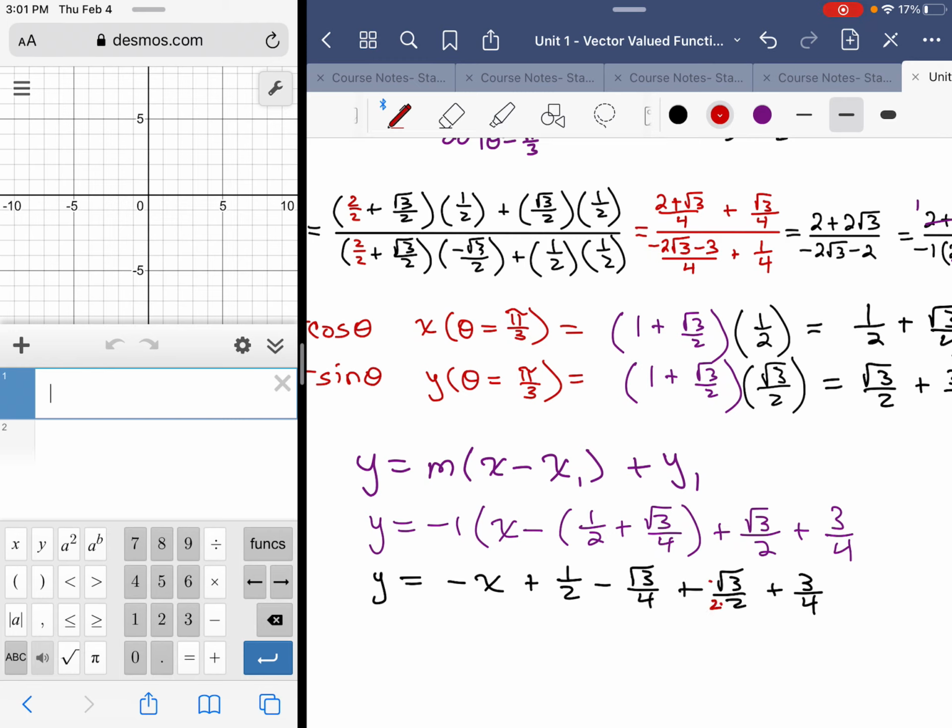Let me multiply this one top and bottom by a 2. So we're looking at -3/4 plus 2 radical 3 over 4. So that's going to be positive radical 3 over 4. And then 3/4 plus 1/2.